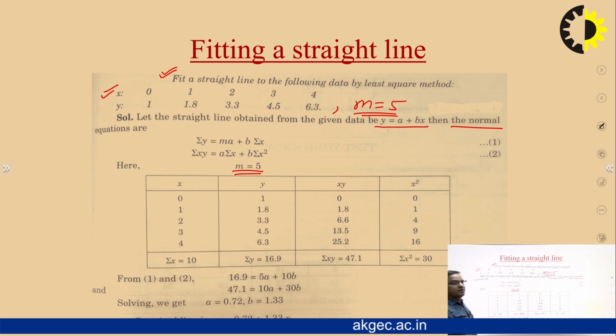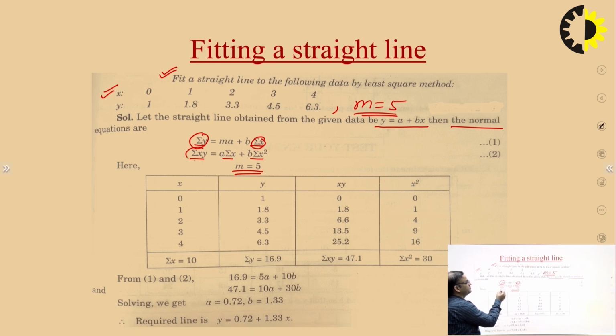Okay. Then from the table, from the equations we can observe that we will need sigma y, sigma x, sigma xy, and sigma x square. So we will need 4 individual summations: sigma y, sigma x, sigma xy and sigma x square. After writing the summations in the table, we will put these summations in these places.